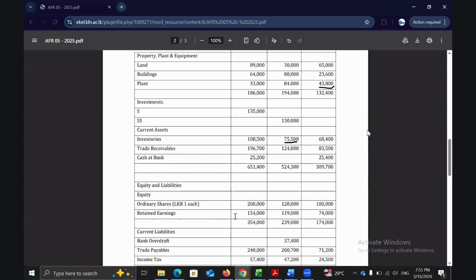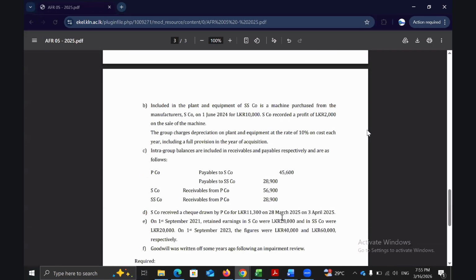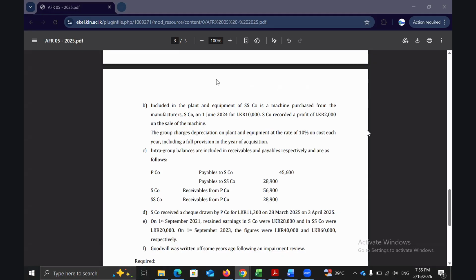This company received a check drawn from P for 11,300 on 28 March 2025. Yes, එතකොට ඒක මොකද්ද වෙන්න ඕනේ.